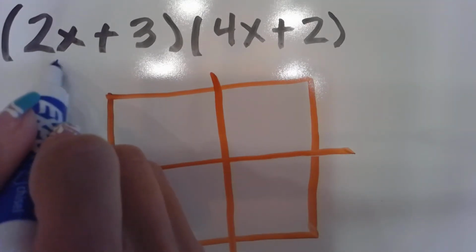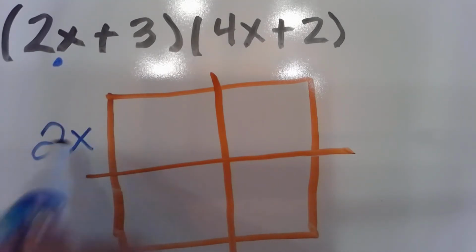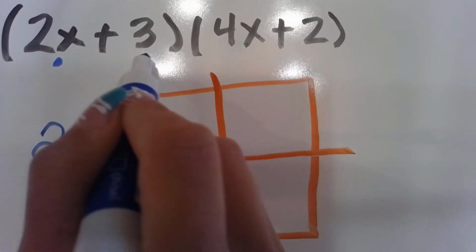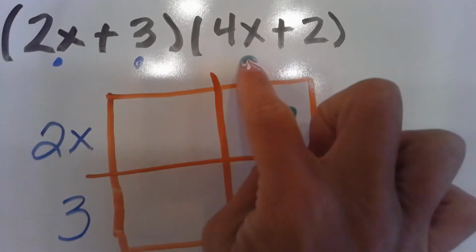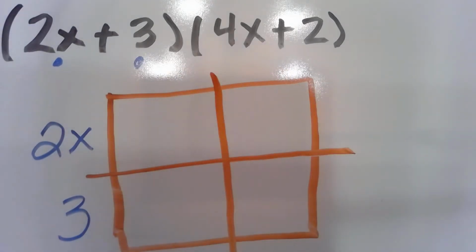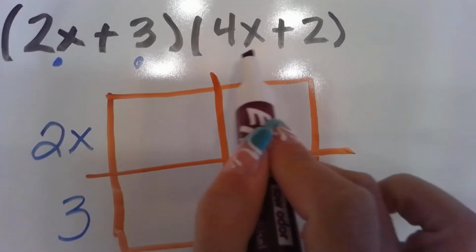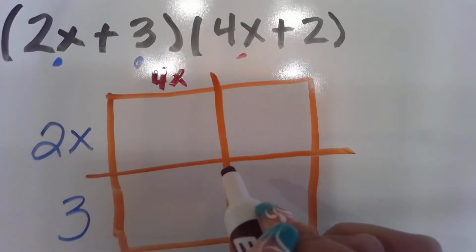So if I have 2x, I'm going to write 2x right here. I have this 3, so I'm going to write a 3 right here. Now, for this one, I'm going to write it on the top. So if I have a 4x right here, I'm going to write 4x.